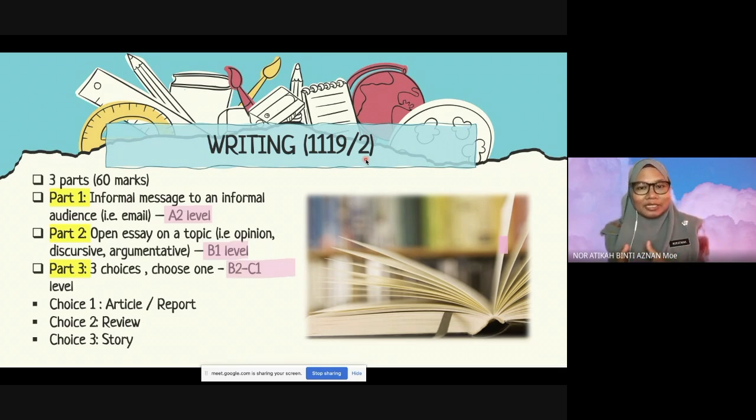There are 3 tasks that you have to complete, and as compared to the old format in SPM, you only have to write two essays, and there are only 2 sessions, session A and session B, whereas for the new writing format for SPM, you have to write 3 essays, and then there are 60 marks altogether.